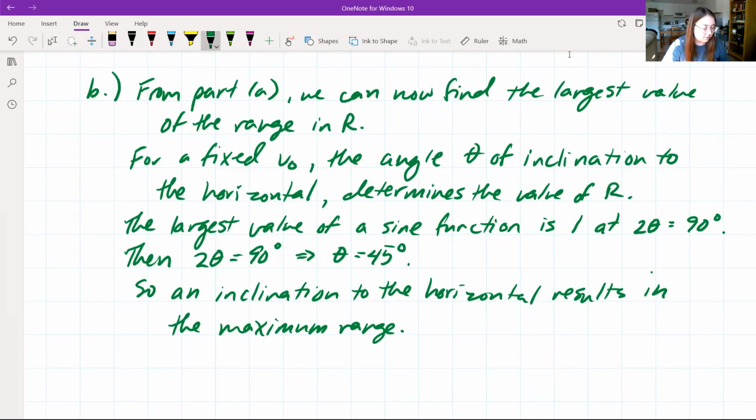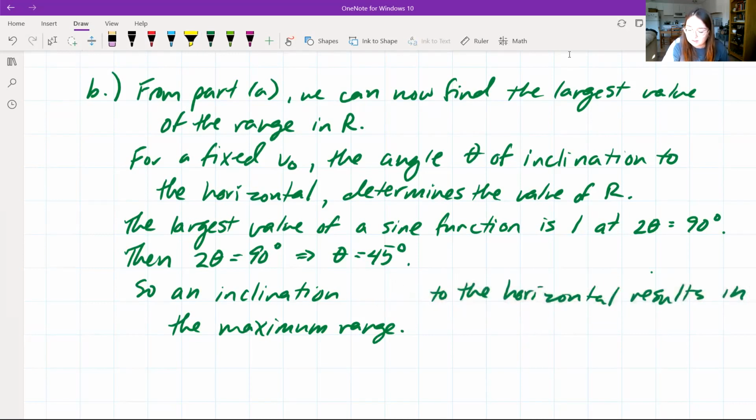I actually realized I forgot to write the actual value in this last part here, so we're just going to scoot this over a little bit. So an inclination of 45 degrees, there we go. So now we can highlight our final answer.